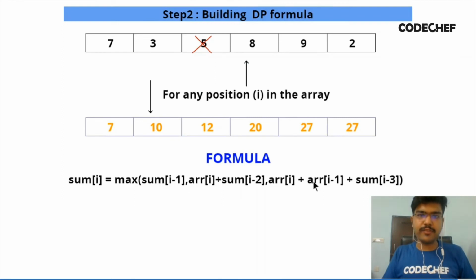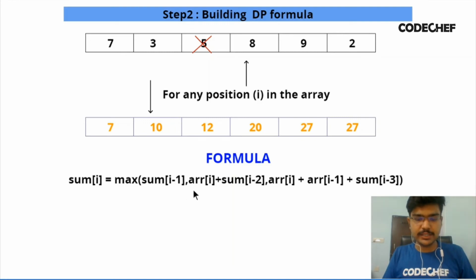So this is the final dp formula that will be formed after considering all the three cases. So the optimal sum at any position I will be the maximum of all the three conditions that we have just discussed. The first condition, in which we are not taking the ith value, that is we are only taking the sum till I minus 1 position, is this.